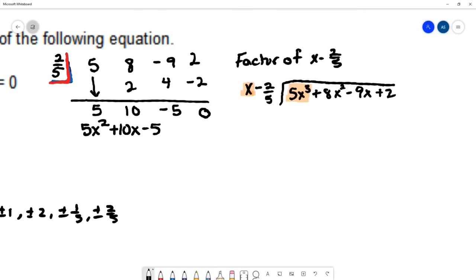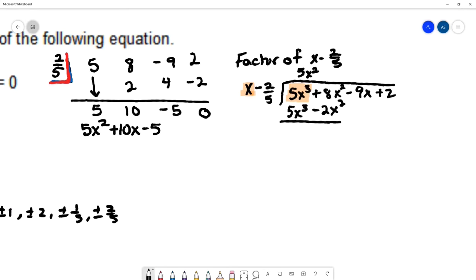So you're going to multiply by 5x squared. So you multiply that 5x squared times the x, and you get 5x cubed. And you multiply that 5x squared by -2/5, and that's going to give you a -2x squared.